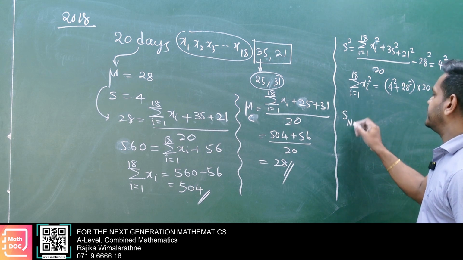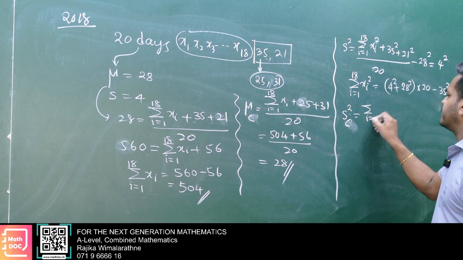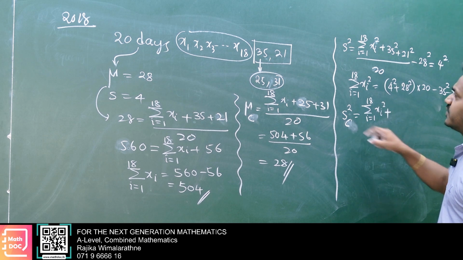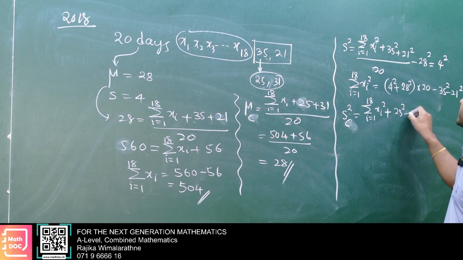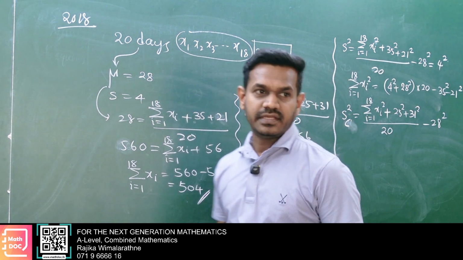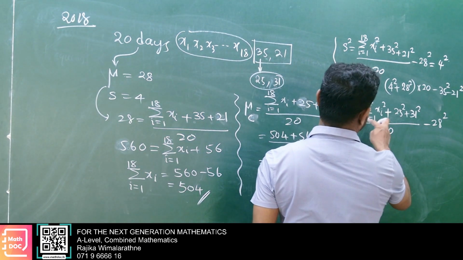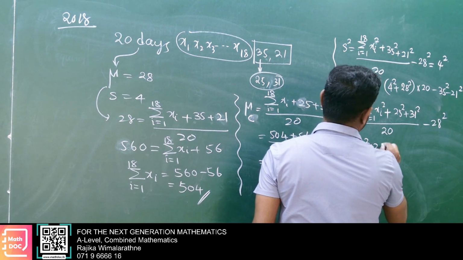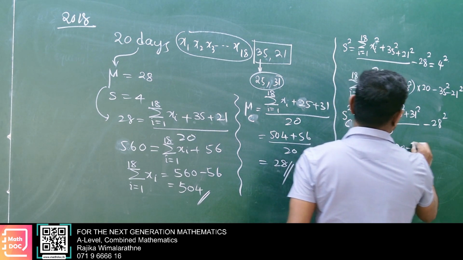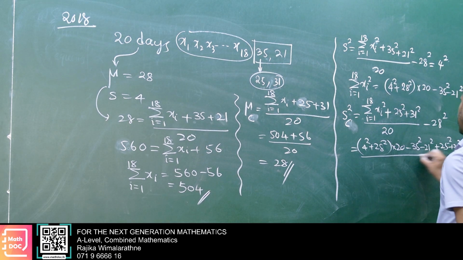For the corrected variance, add the correct values 25 square and 31 square divided by 20, minus the new mean 28 square. Put that value here and simplify.